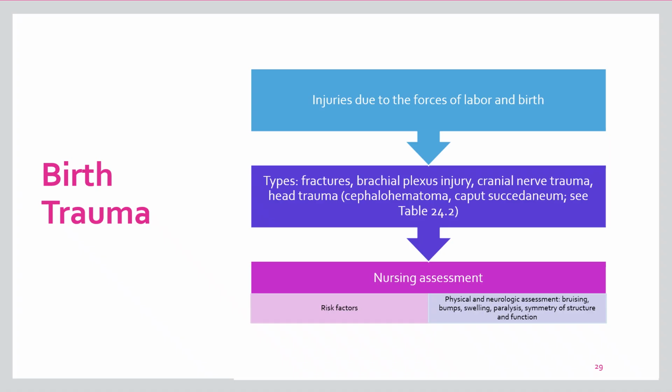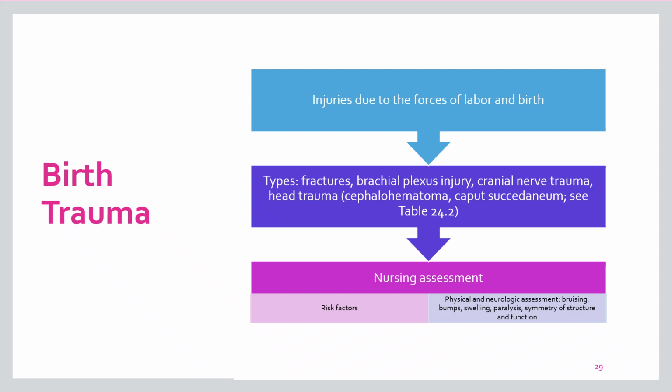Brachial plexus injury: when you pull the baby by the hand, that can affect the brachial plexus. Cranial nerve trauma: when using forceps or vacuum, that can affect the cranial nerves. Head trauma also comes from forceps and vacuum, and sometimes cephalohematoma or caput succedaneum.